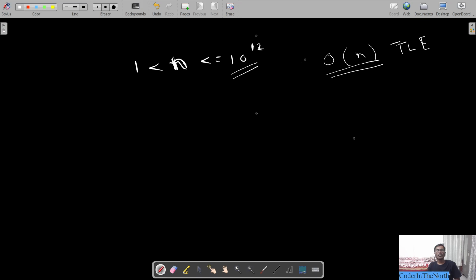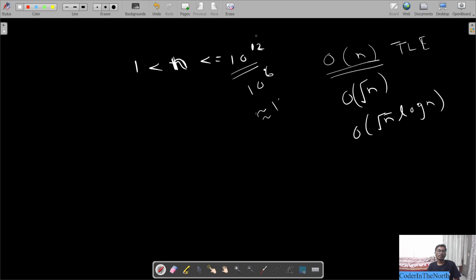Another option is O of square root of n, which is possible because the square root of 10 raised to 12 is 10 raised to 6, and we can do that. We can also do O of square root of n multiplied by log n, which is approximately 10 raised to 8, and it will also pass. It will not give TLE.